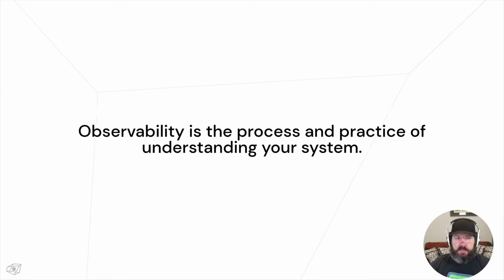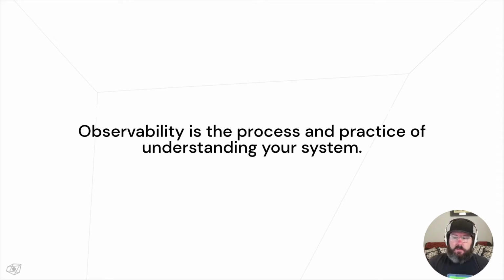What is observability? It's a process and it's a practice. Different people will say, oh, observability means this or observability means that, right? There's this traditional mindset where observability means I have logs and traces and metrics, and I have all these dashboards, and that's observability.